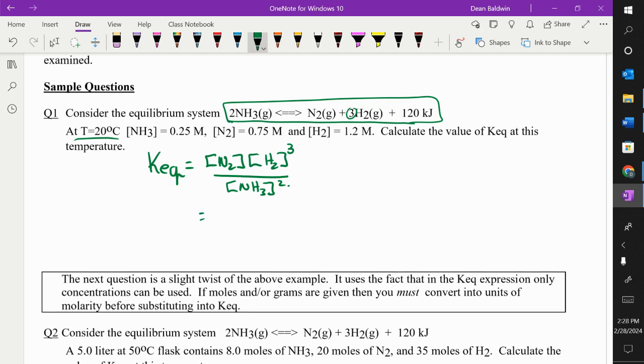So N2, they tell us, is 0.75. H2 is 1.2 cubed. And NH3 is 0.25 squared.